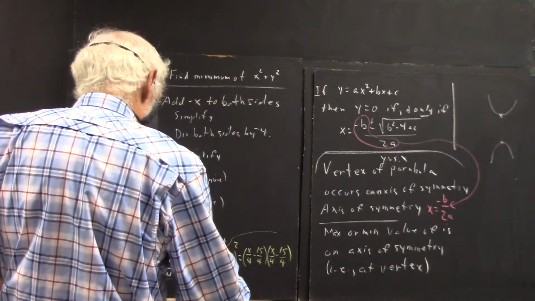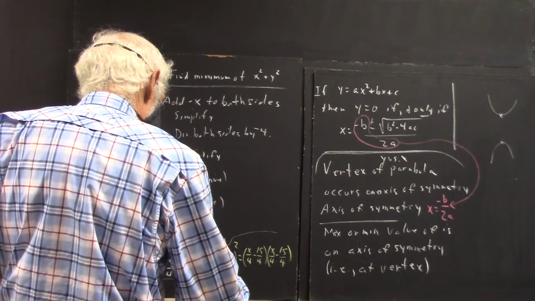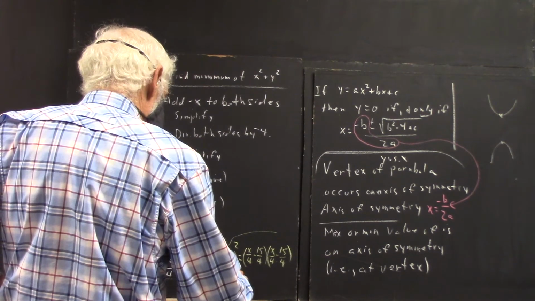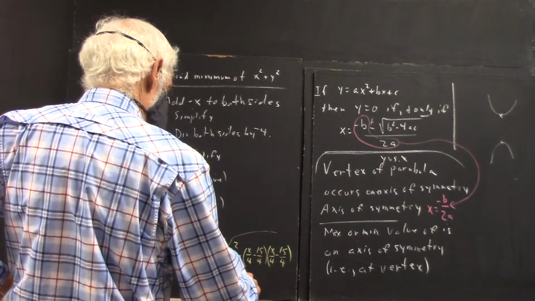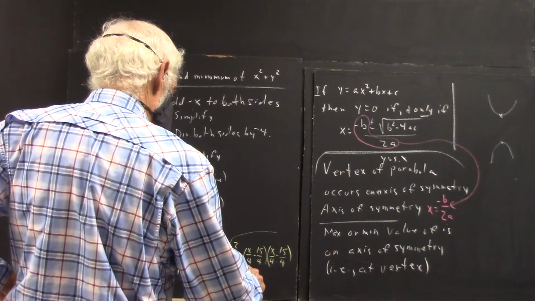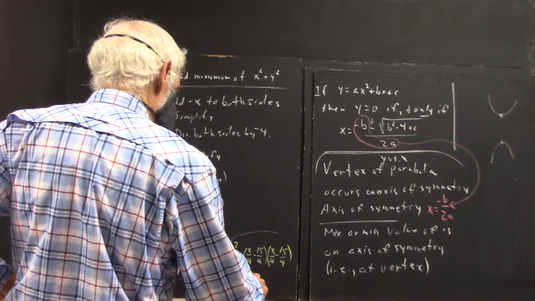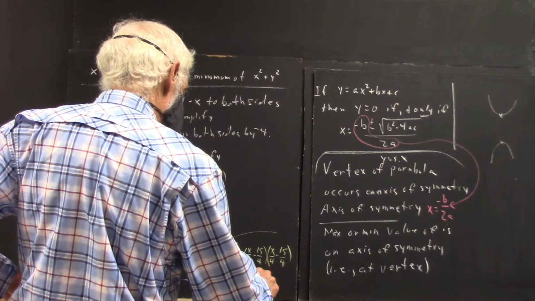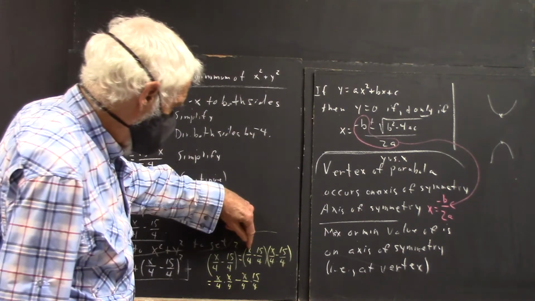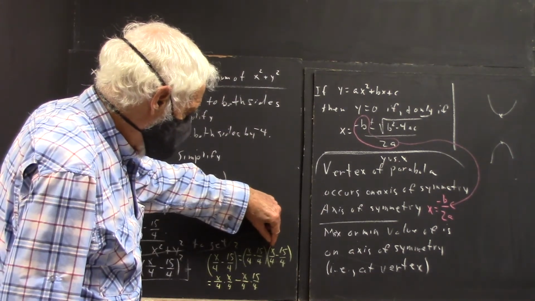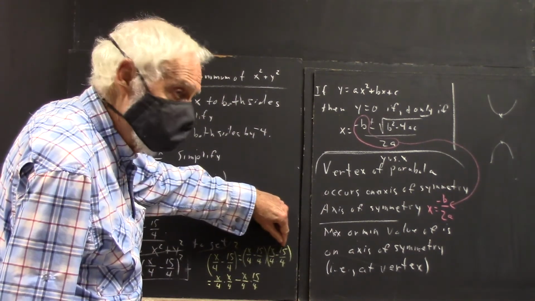So this is x over 4 times x over 4 minus x over 4 times 15 over 4. Okay, because it's x over 4 times this and x over 4 times this.